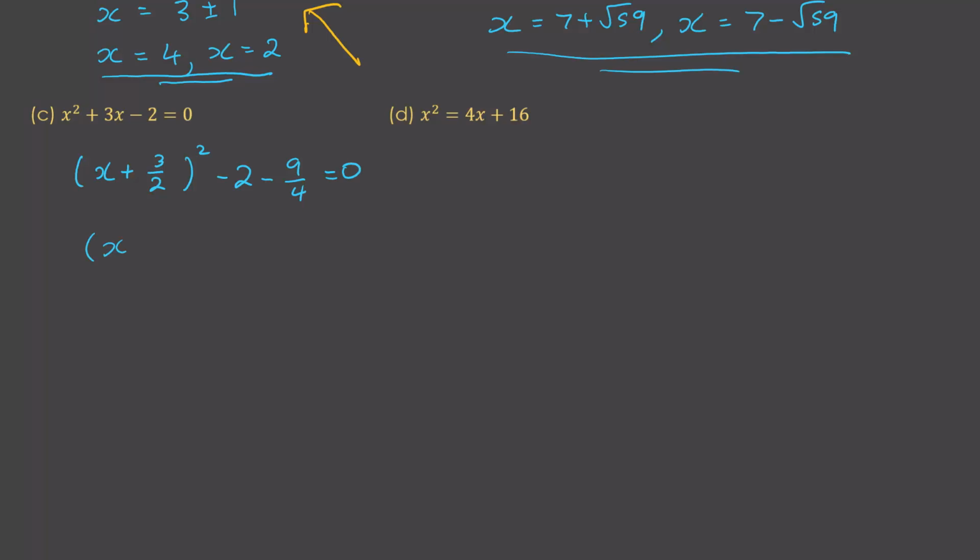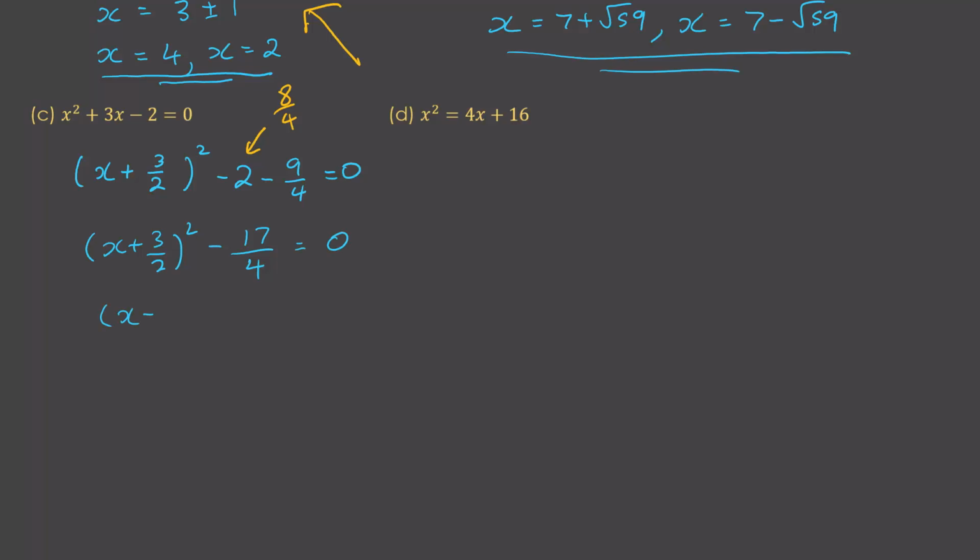So I have x plus 3 over 2 squared. Now remember that 2 could be written as 8 over 4. So I'm going to get take away 17 over 4, minus 8 over 4 minus 9 over 4.